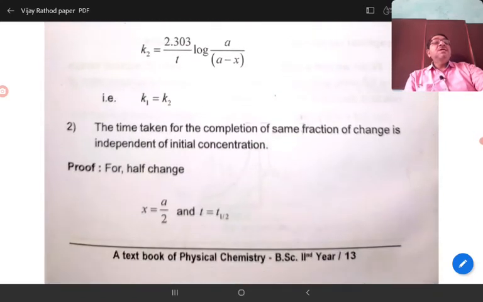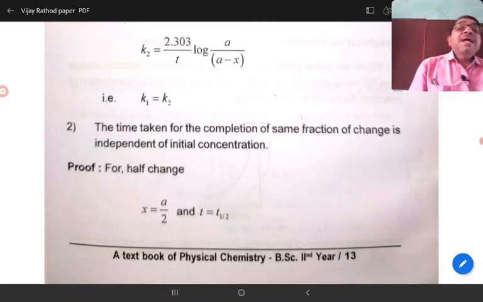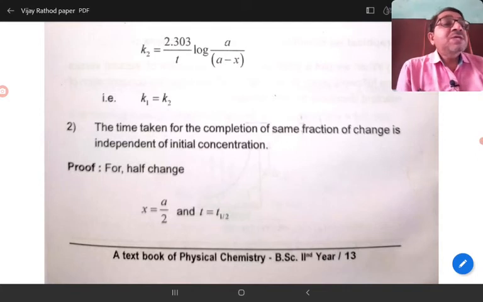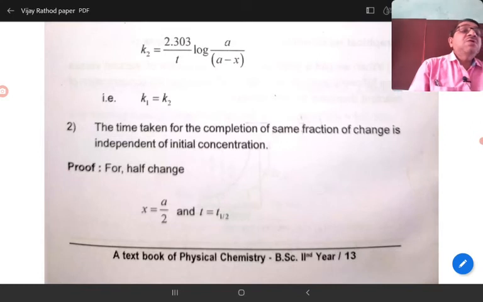Now let us see another characteristic of first order reaction, that is the time factor. The time taken for the completion of the same fraction of change is independent of initial concentration.